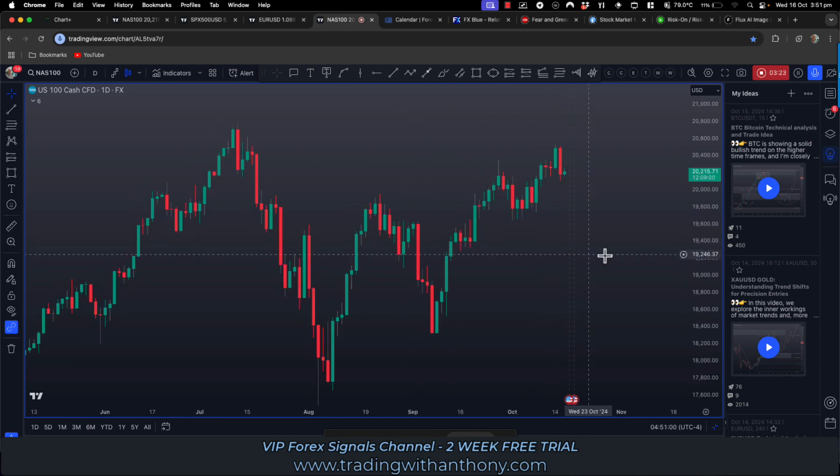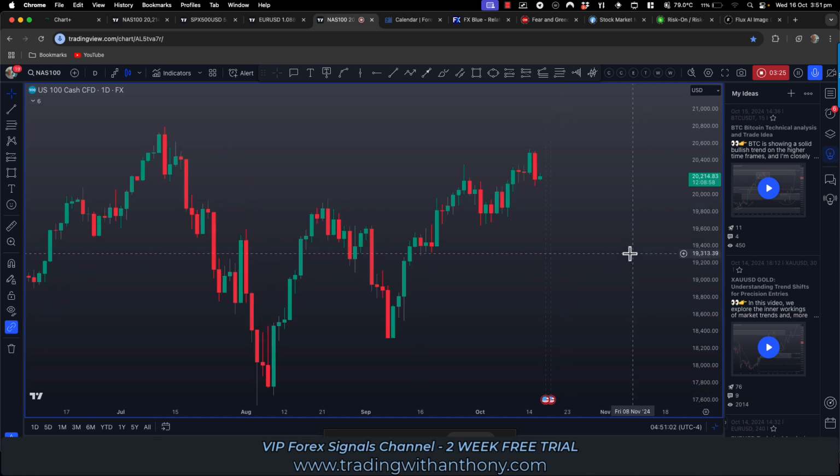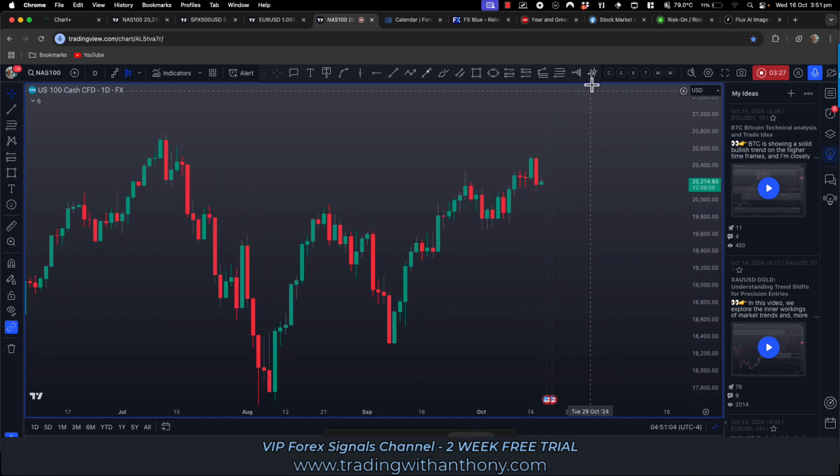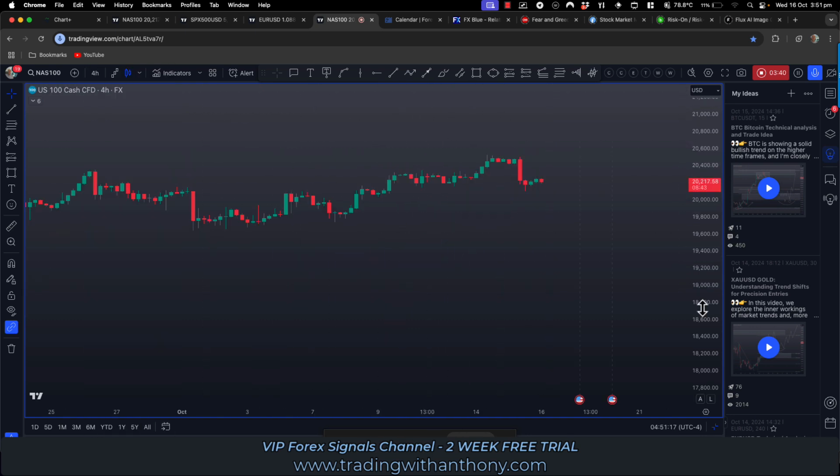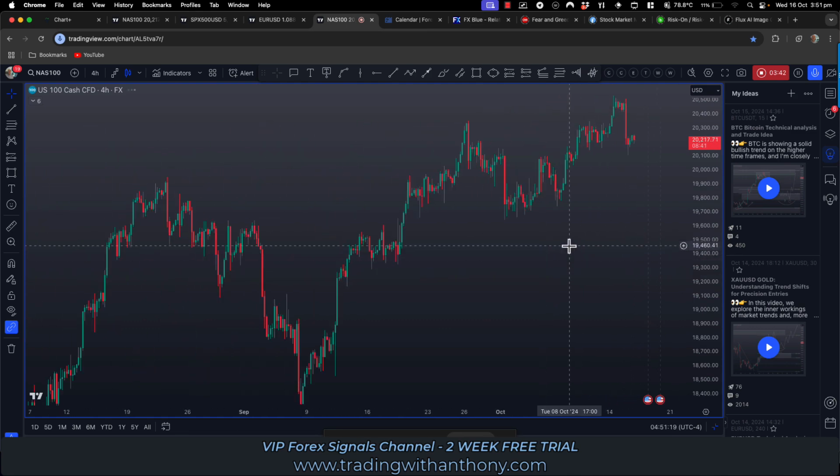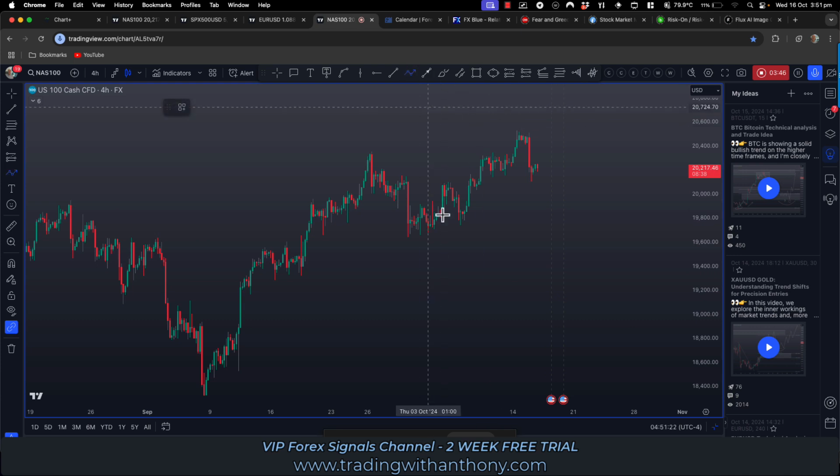In the last few videos, I've mentioned using the anchored VWAP. I think it's a really good tool to use, and we'll look at that, because basically we see price expanding and retracing, but it's not going to be a clean trend as we would want it to be.